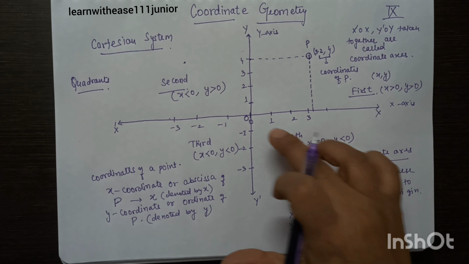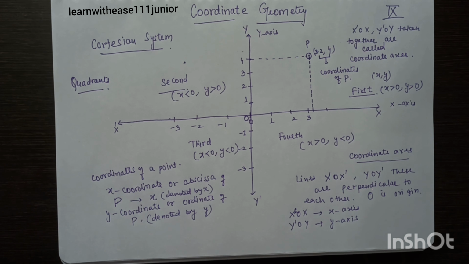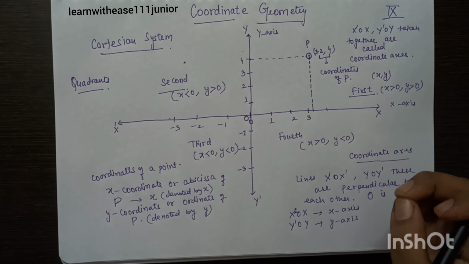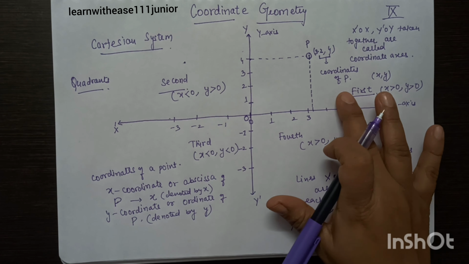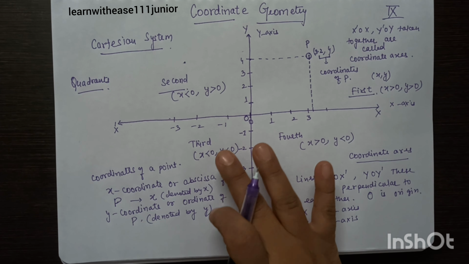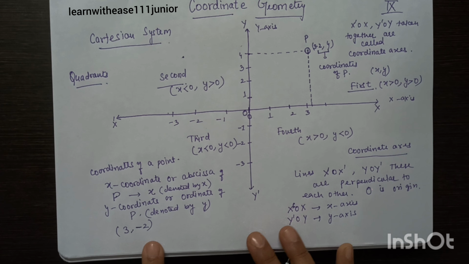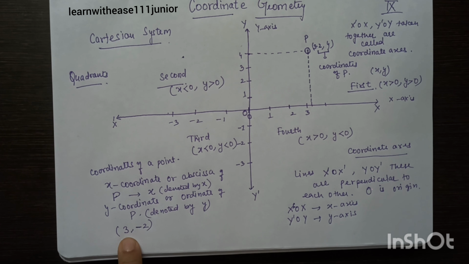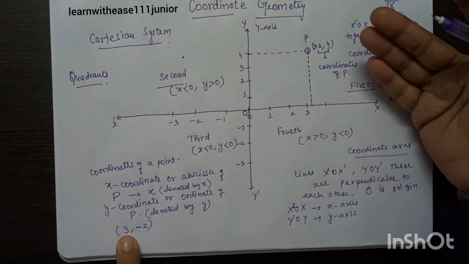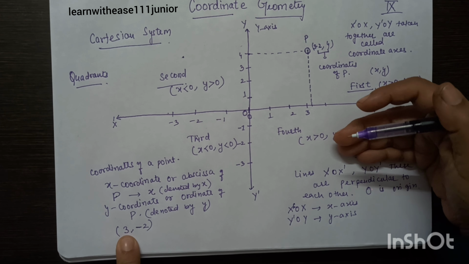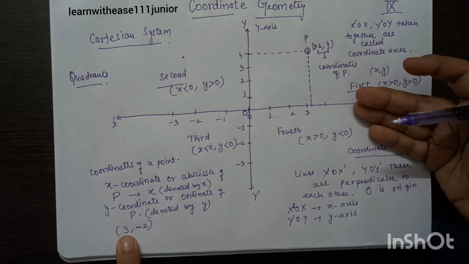By these signs, you can easily come to know where a particular point lies, whether in the first quadrant or third or second or fourth. Suppose I say 3 minus 2, we need to check where does it lie. 3 means x positive, so it is in the first quadrant or the fourth quadrant.